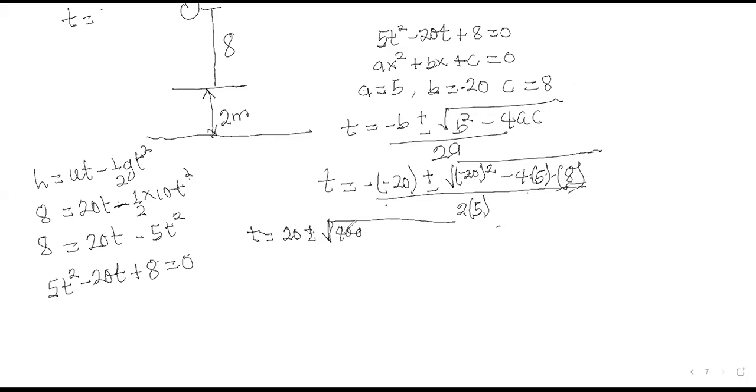Negative 20 squared is equal to negative 20 times negative 20, which is 400.